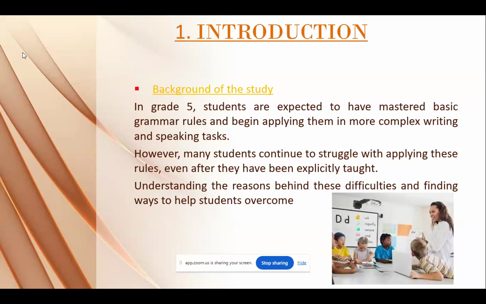These difficulties manifest in both written and spoken tasks, where students often make grammatical errors that hinder their communication. The study seeks to explore strategies and interventions that can help students bridge the gap between grammar and real life application.